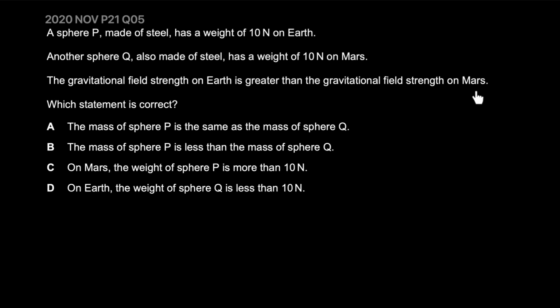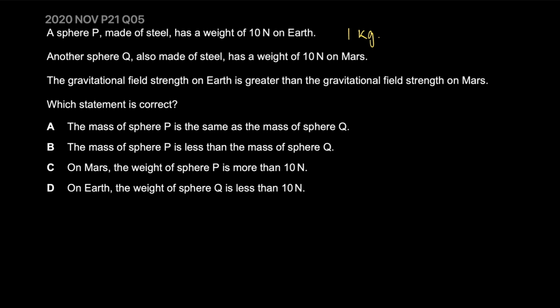So Mars pulls anything close to itself far weaker than Earth because its gravitational field strength is weaker, right? So if they're both pulling two different things with the same force, we know this is 1 kilogram because W equals mg. That's pretty straightforward because I know g approximated as 10.